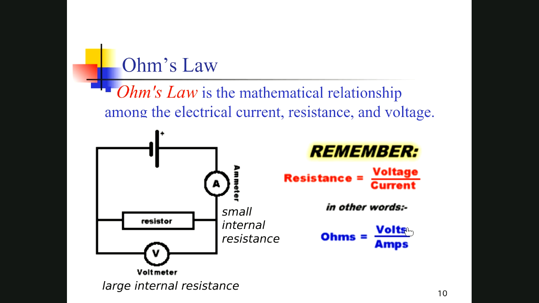So the internal resistance should be small. In practice, the internal resistance of the ammeter can be ignored in the series connection, and the voltmeter circuit can be seen as an open circuit.